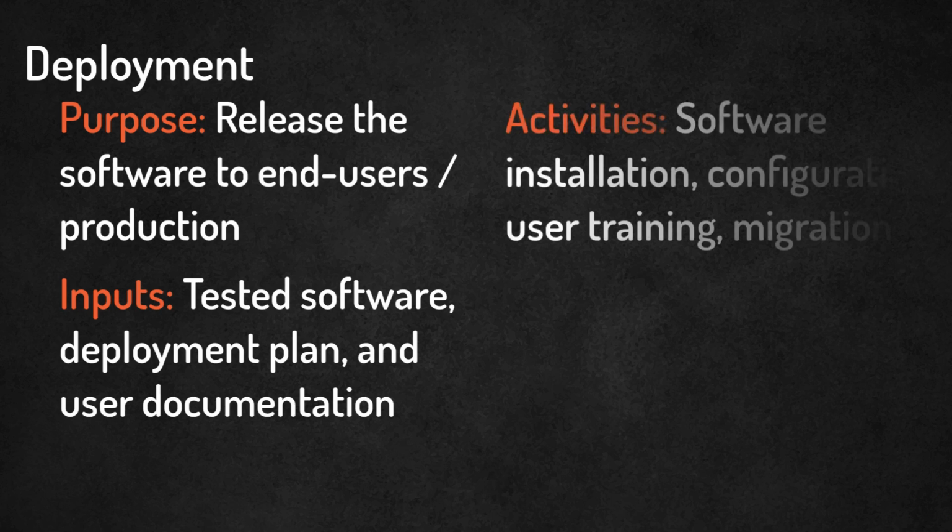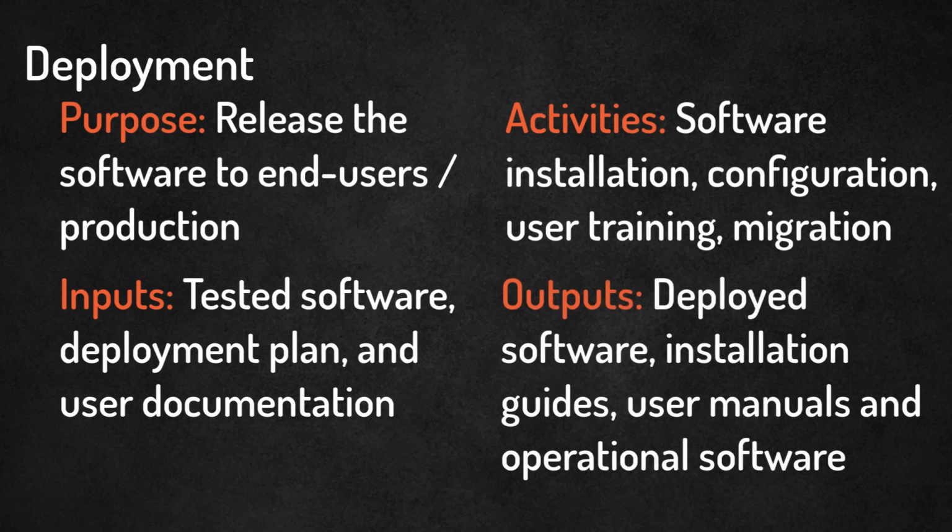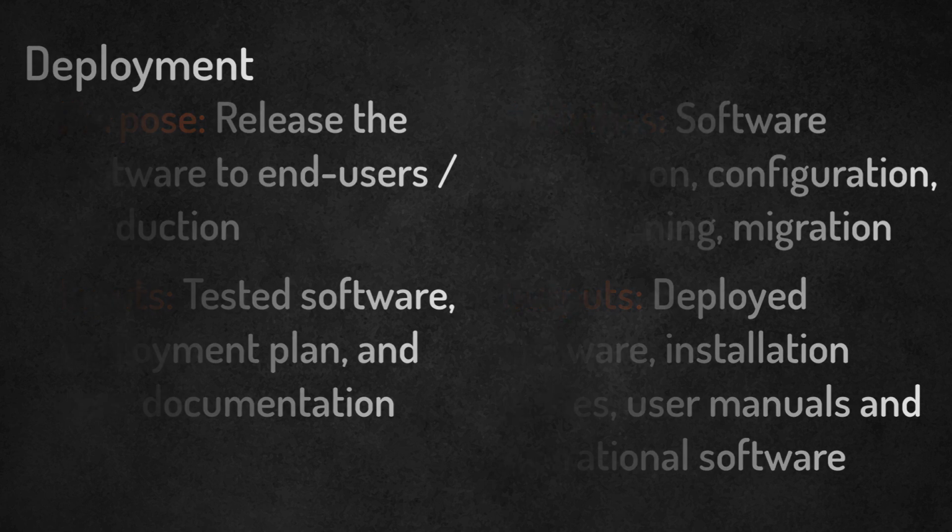The activity will be installing the software perhaps, configuration, user training, data migration, deployment, and verification. The output is going to be the deployed software. Hooray! Installation guides, user manuals, and operational software, and hopefully happy users.